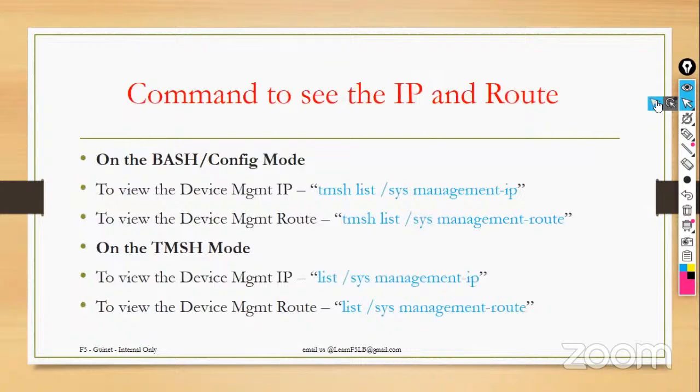So these are some commands that you need to use whenever you need to check things. If you are in the bash mode, we will discuss what is the bash mode, what is the TMOS mode, everything.